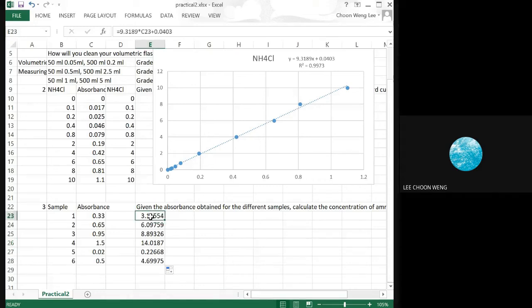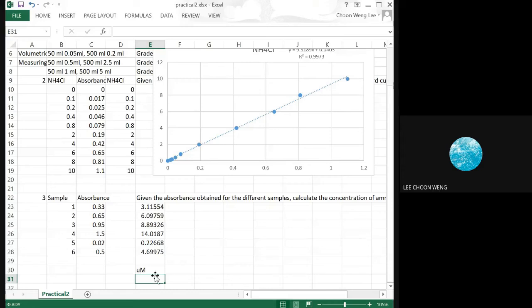So what we've done here is just add the absorbance into the equation to obtain the concentration of ammonium in your sample. These are samples from these six samples, so we are not actually looking at averages and all that. So there is no problem with outliers. But look at the value here, and there's something wrong with this.